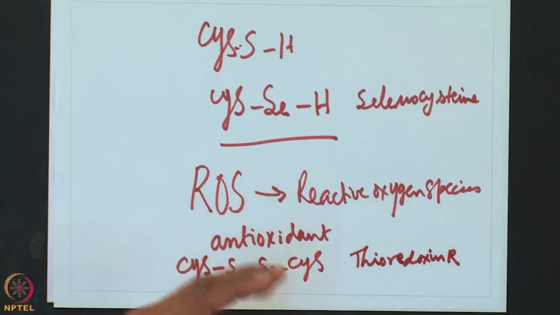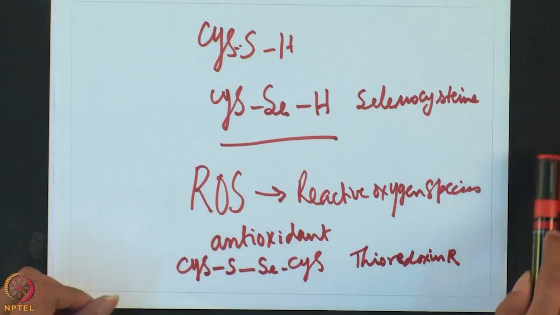So, this is the kind of a bond which will reduce the disulfide bond in the thioredoxin part of it. Therefore, the main role of the selenium in these enzymes is not like the conventional metal ions to form a metalloenzyme, but rather to take up the position of the sulfur in the selenocysteine and be involved in a number of enzymes including glutathione peroxidase.